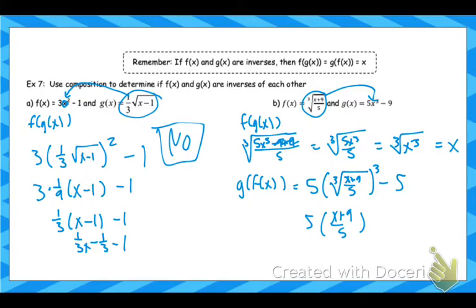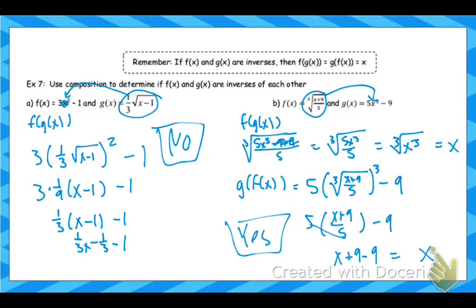And I wrote the original question wrong. That was not minus 5. This was minus 9. Then 5 times something divided by 5, those 5's go away. X plus 9 minus 9 is x. So both f of g of x and g of f of x were equal to x. So yes, these two functions are inverses.